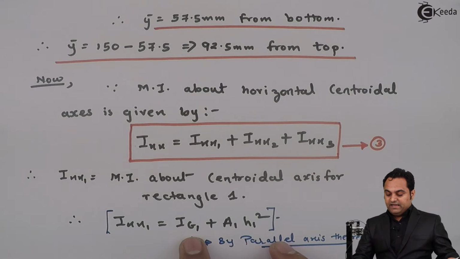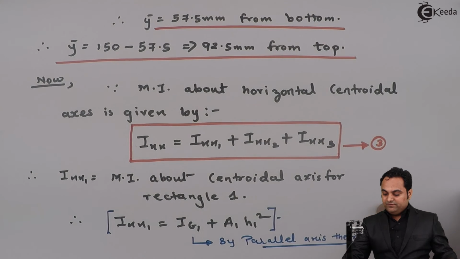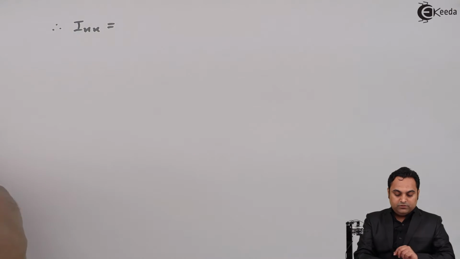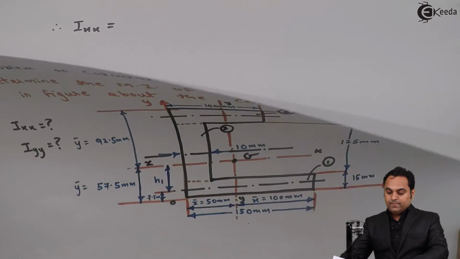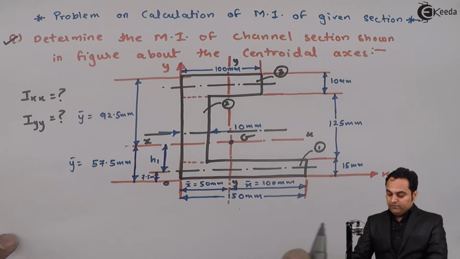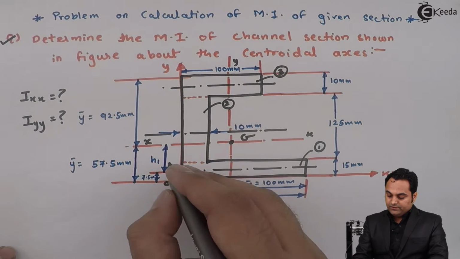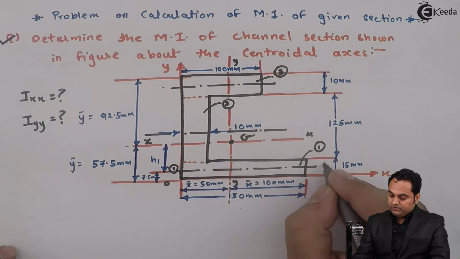So here I have written Ig1. What is Ig1? Ig1 is the moment of inertia for rectangle number 1 about its own axis, which is here. I'll call it axis 1-1.